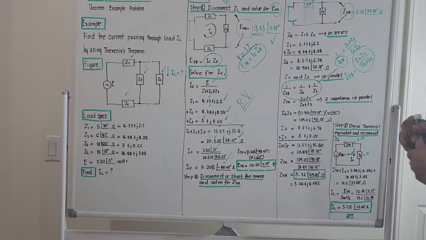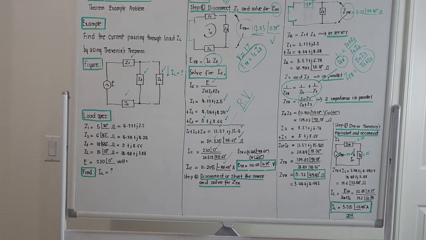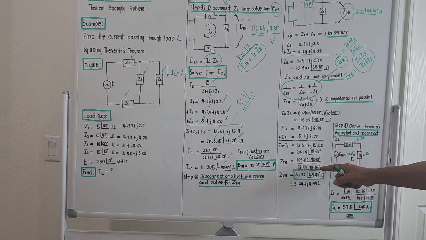So going back to this formula here, the product is 109.02 over angle 98.18, and the sum is 20.49 angle 18.76.